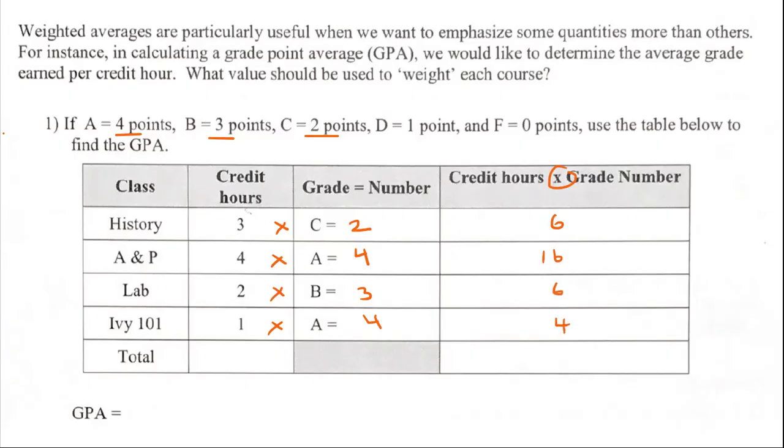First of all, let's add these up. We got 12 and 20, so 32. So this gives us 32.